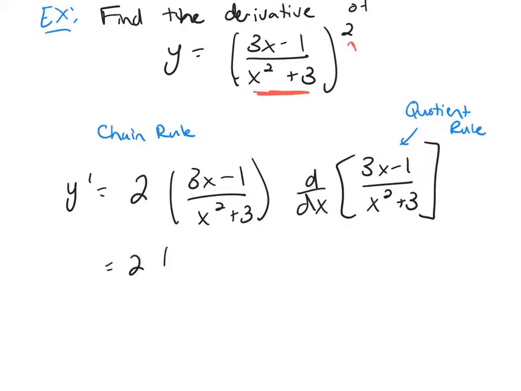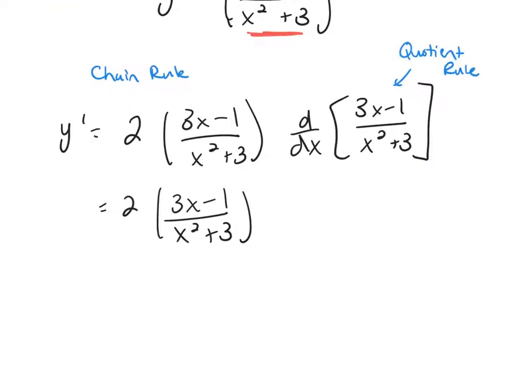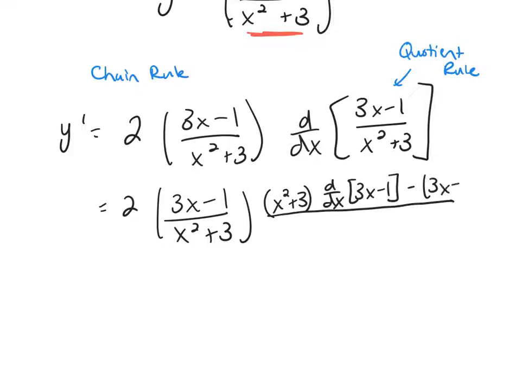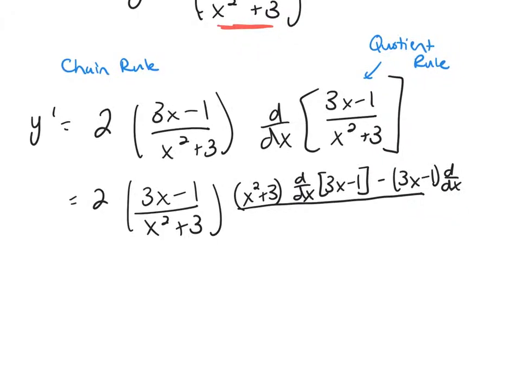So we get 2 times this stuff in the front. And now the derivative here, use your quotient rule. It's the bottom times the derivative of the top, minus the top times the derivative of the bottom, all over the bottom squared.